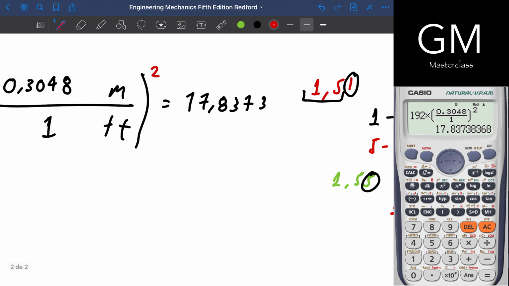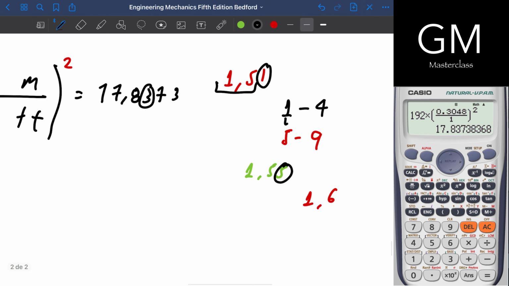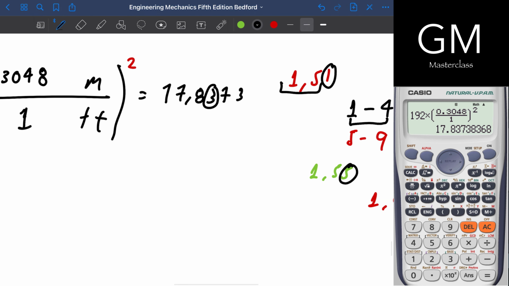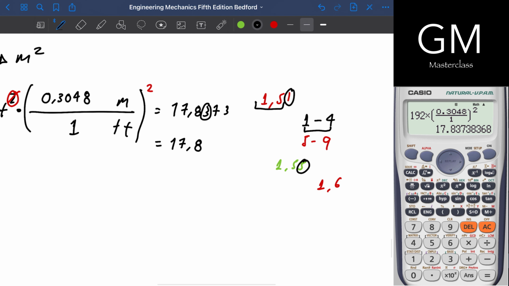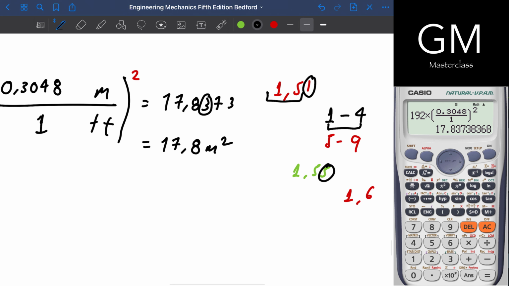And because of this reason, I have a 3 which is between this gap, and I just have to maintain the same number, 17.8 square meters. That is the result.